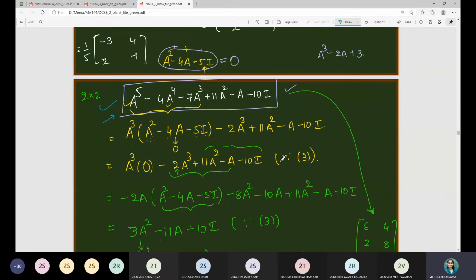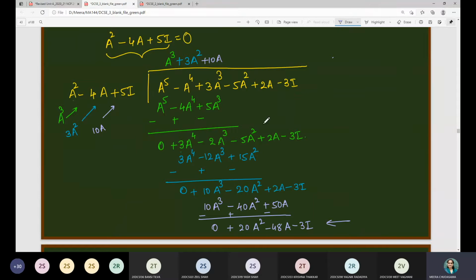Okay, if you have finished it, let me know which quotient you are getting for it. Ma'am, a cube minus 2a plus 3. Minus 2a plus 3, yes.